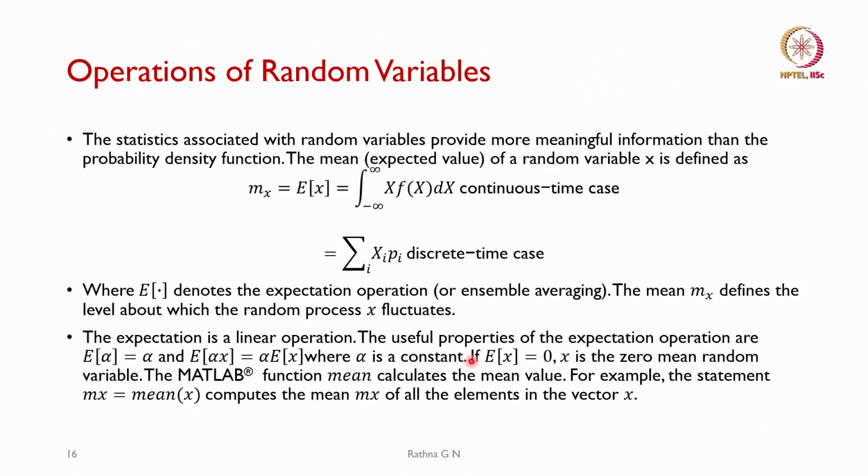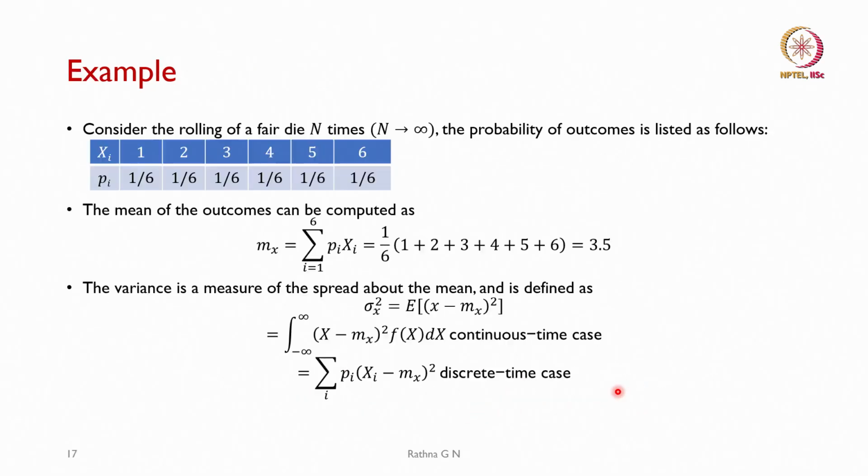If the expected value of x is equal to 0, we call x a zero mean random variable. In MATLAB, the mean calculation is given by mx equals mean of x, which computes the mean mx of all the elements in the vector x.